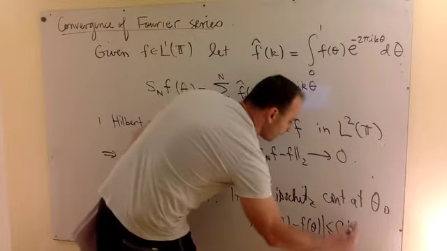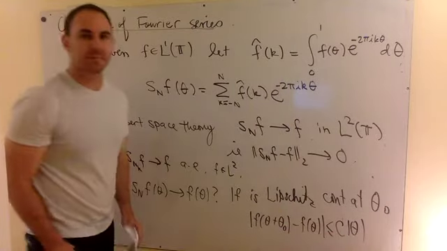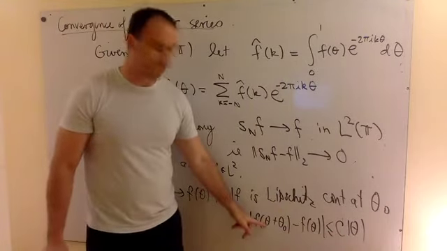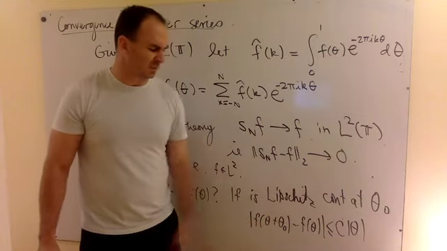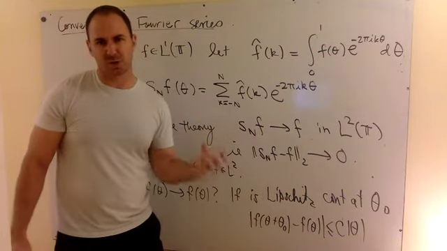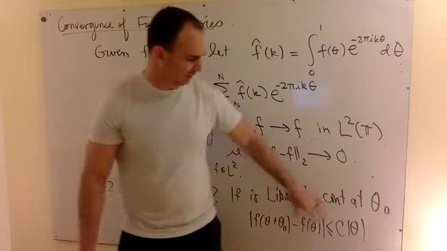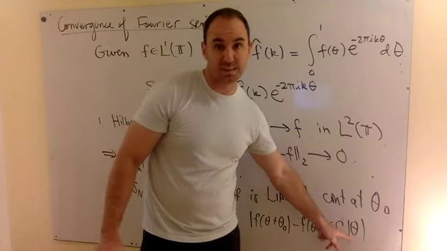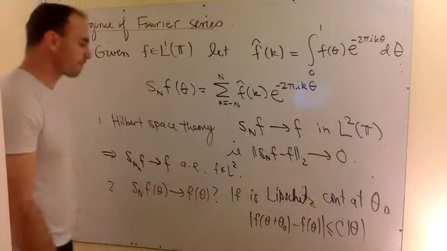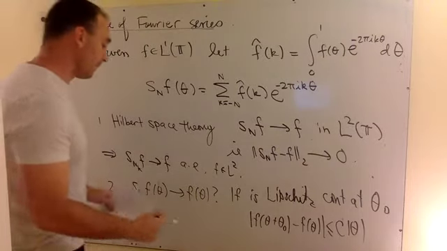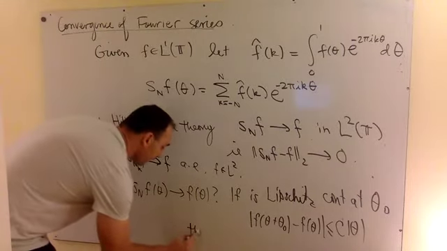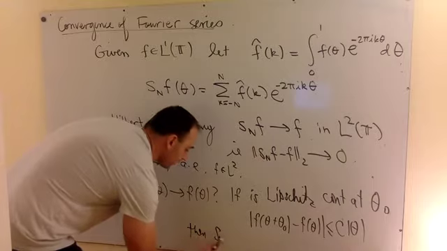What that means is something like this: there's some constant such that the difference is bounded by that constant times the distance. As you know, this is sometimes called Holder continuity, but this is a strong version of continuity where you have the actual distance here. Okay. Then you get this convergence.